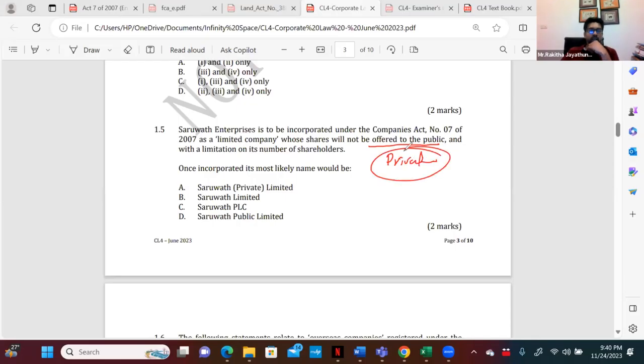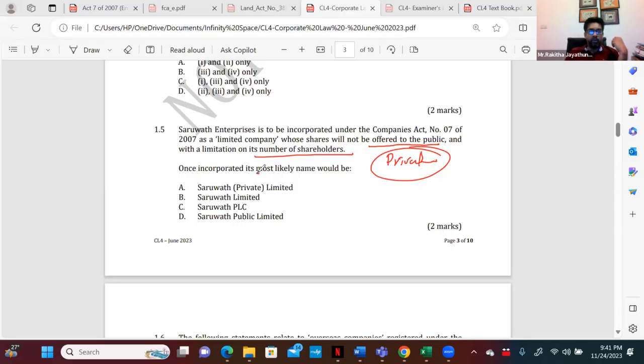It has to be a private limited company, with a limitation on its number of shareholders. So either public or private. This is a profit-making business, therefore it cannot be a limited company by guarantee. One of the easiest questions. 2 marks, 3.6 minutes. It doesn't take even 10-15 seconds to get the answer.